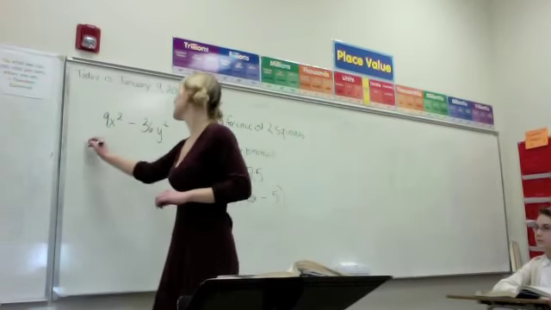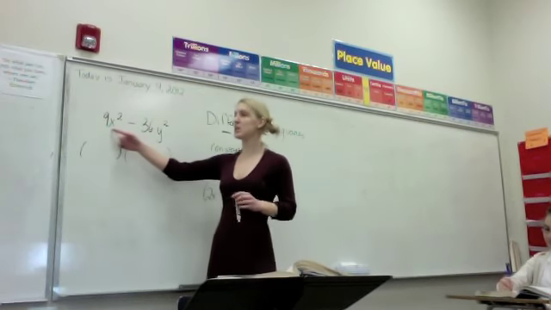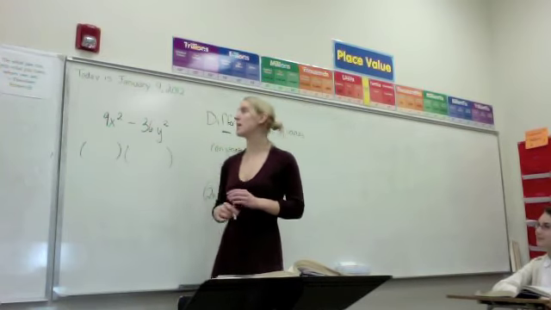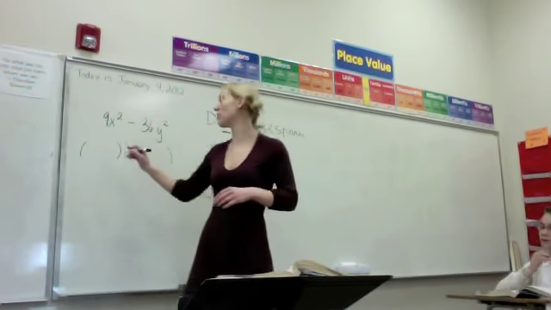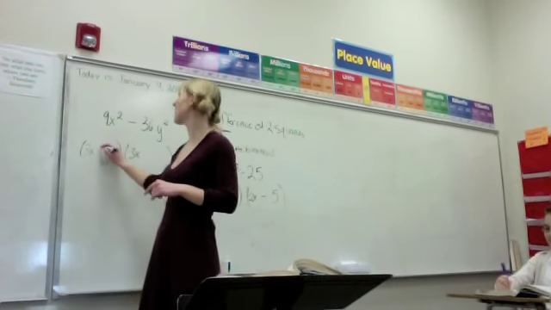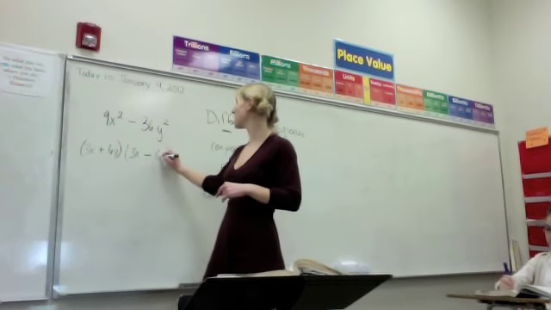I am taking the difference of 2 squares. The only difference here now, Austin, is that I've got 2 different variables. So again, I'm going to take the square root of that 9, which is going to give me 3x. Plus and a minus, and then I'm going to have 6y.